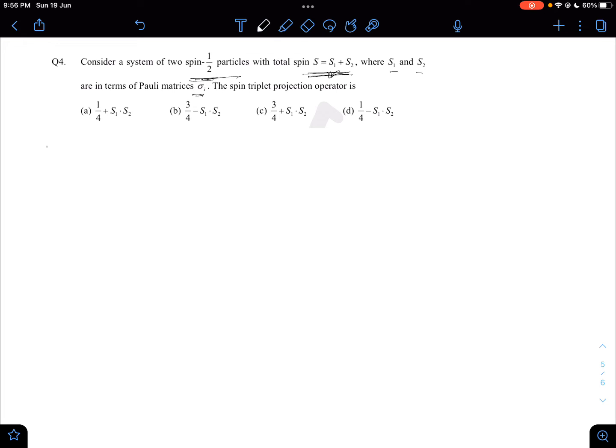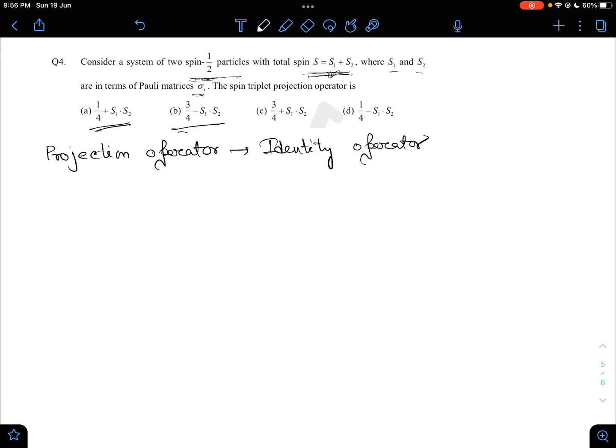So what is a projection operator? We know that the projection operator is identical with the identity operator. So we have to find out which of these expressions has the identity value. Let us proceed.